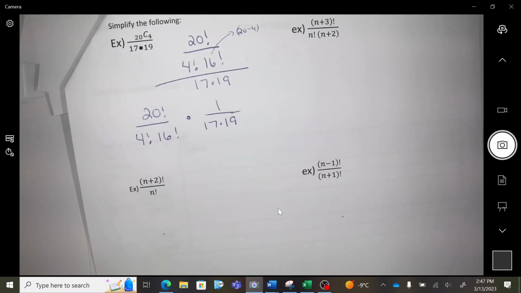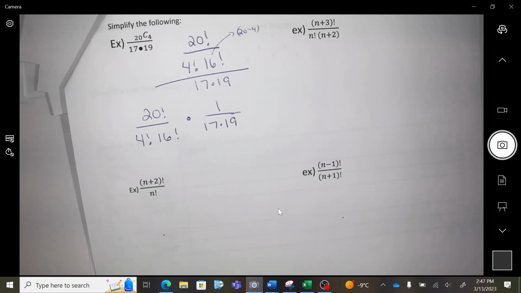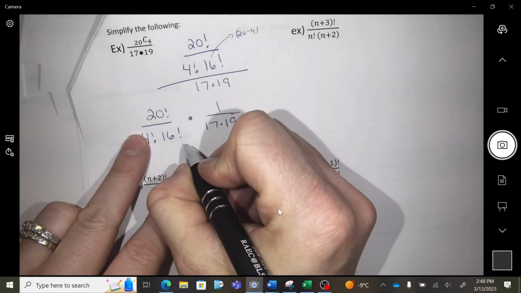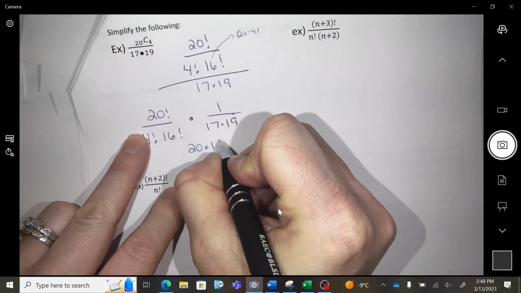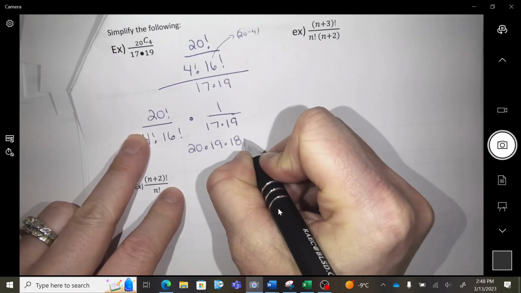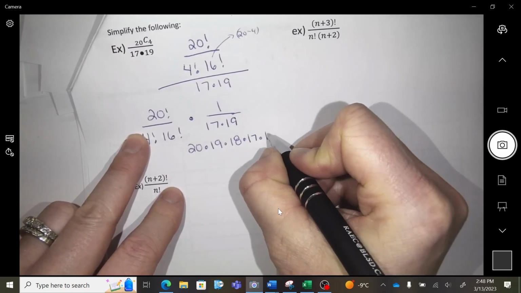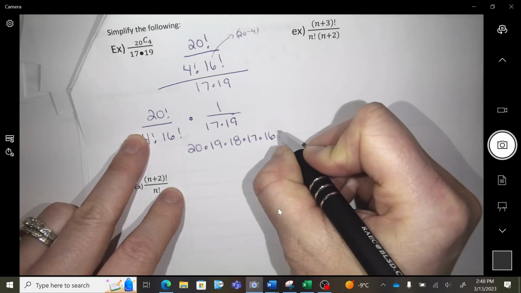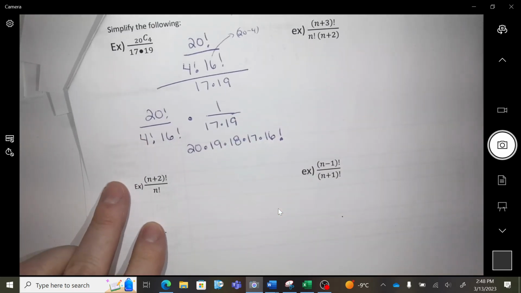Okay, now here's the trick to all factorials. I need you to start expanding the largest factorial that you see, which is what? 20. So 20 times 19 times 18 times 17 times 16 and beyond.